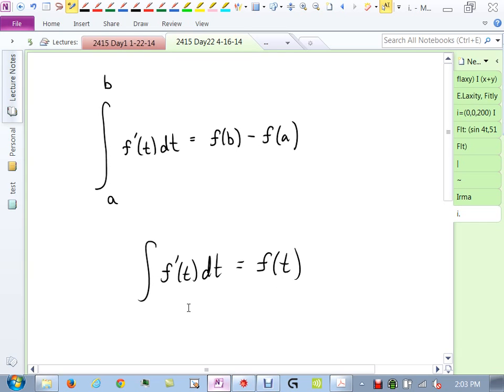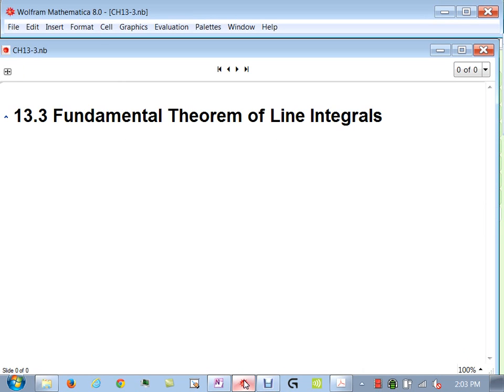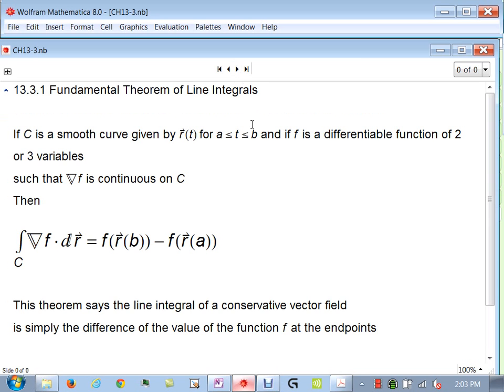Fundamental theorem of calculus. So now we are talking about the fundamental theorem of line integrals. If C is a smooth curve given by a vector function R of t, we've seen this, nothing new. T is between A and B. And if F is a differentiable function of two or more variables. So now we have a function that has to be differentiable.